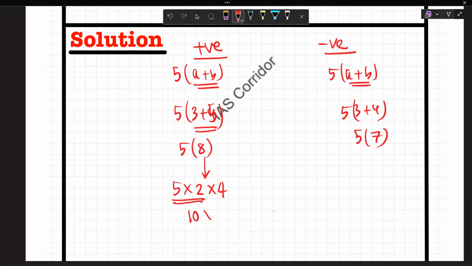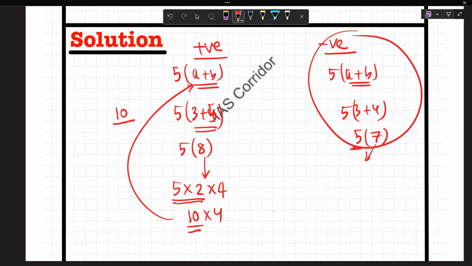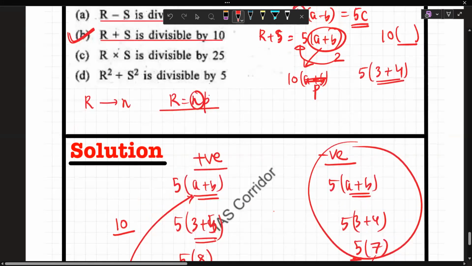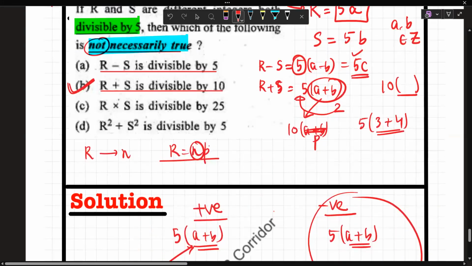This gets multiplied to give you a 10 as a factor. Hence this number is divisible by 10, because a factor of 10 is present. But here, who will give 2 to this 5? This 5 won't get the support of a 2 to make it a 10. Therefore, this statement is false if A plus B is not a multiple of 2. So it is not always correct. It can be correct, but not always.